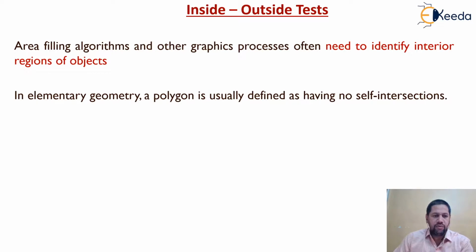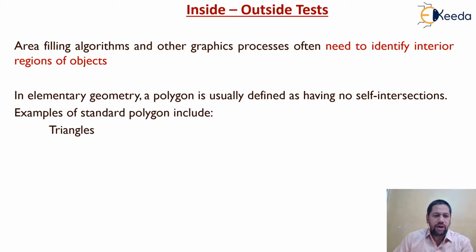Now you can find that area filling algorithms and other graphics processes often need to identify whether a given region of the polygon is interior or exterior, means whether it is inside or outside.